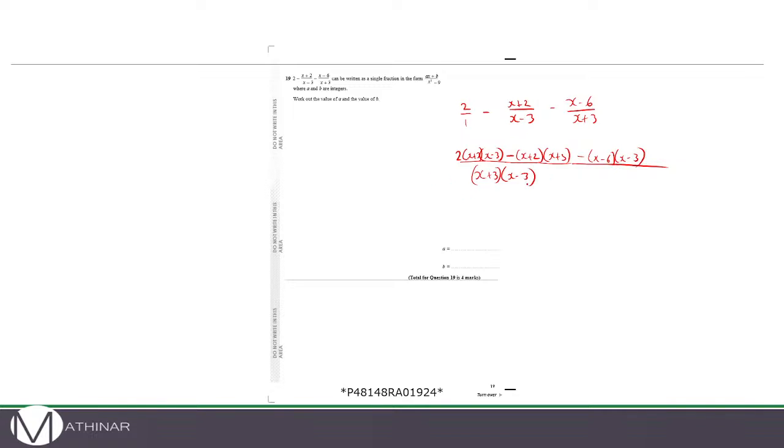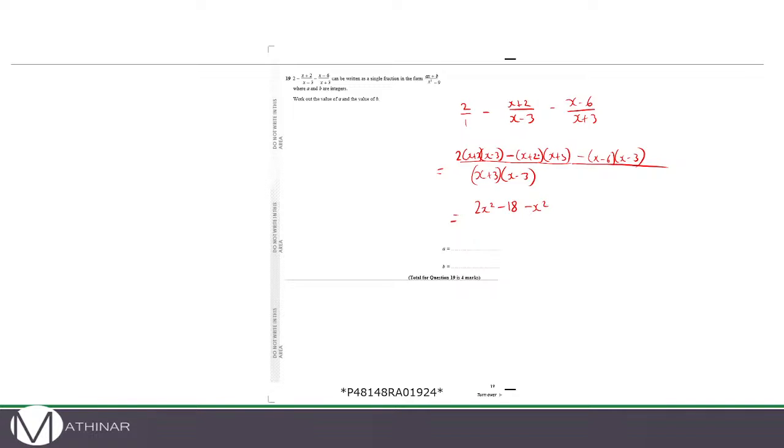Now we can multiply out the numerators only for now. So if we multiply this first bit out, x plus 3 and x minus 3 is actually x squared minus 9. So if we times that by 2, it's 2x squared minus 18. Then we have x squared, but there's a minus here, so minus x squared.